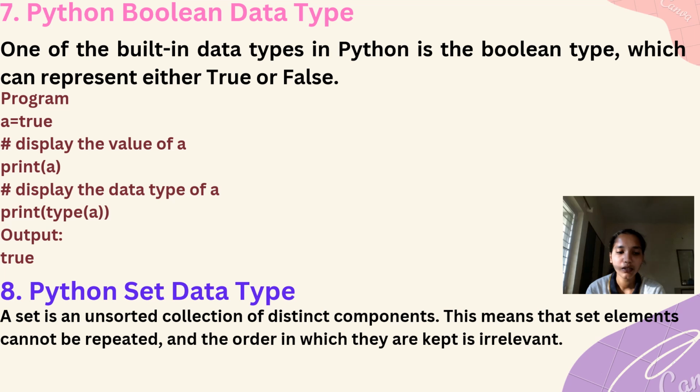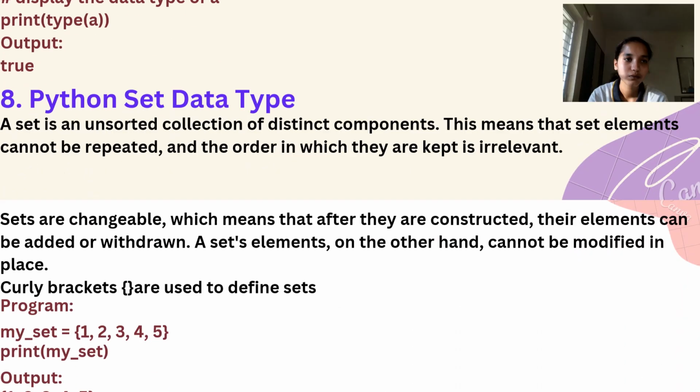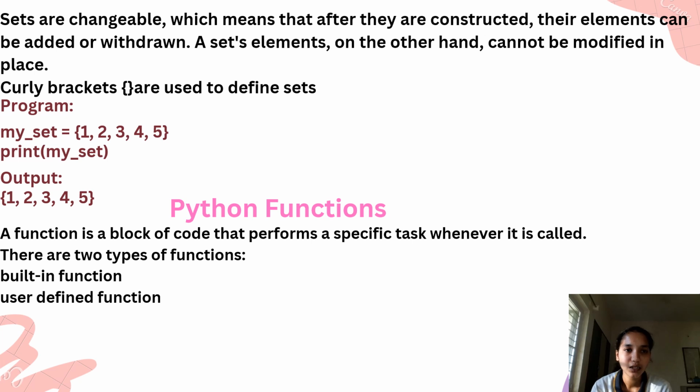Eighth, Python set data type. A set is an unsorted collection of distinct components. This means that set elements cannot be repeated and the order in which they are kept is irrelevant. Sets are changeable, which means that after they are constructed, their elements can be added or withdrawn.